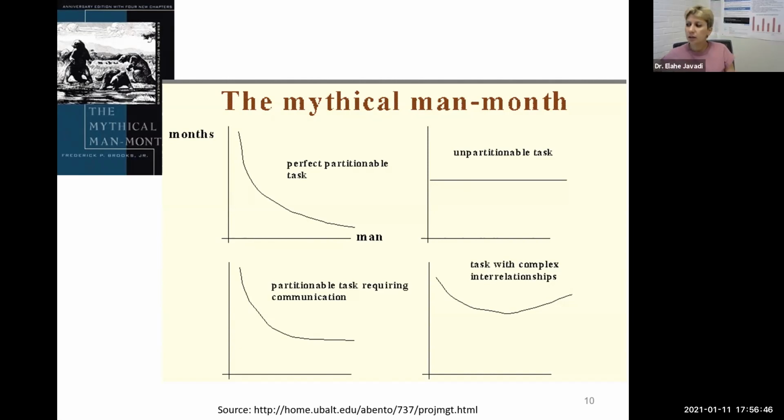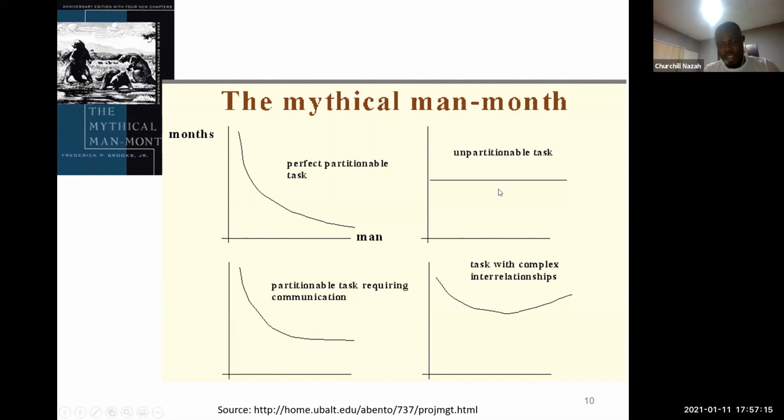Go ahead, Churchill. Explain the top right. Unpartitionable task. You add people, what happens? With the right one, when you add more people, what happens? Does it make a difference? No difference.